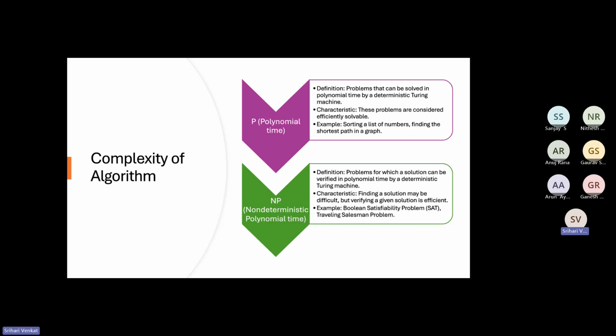For people who don't know what it is, you have a set of cities, and a salesman has to go through all the cities without revisiting already visited cities. He has to visit each city uniquely, and he has to do it in the shortest route possible. That's the simple traveling salesman problem.